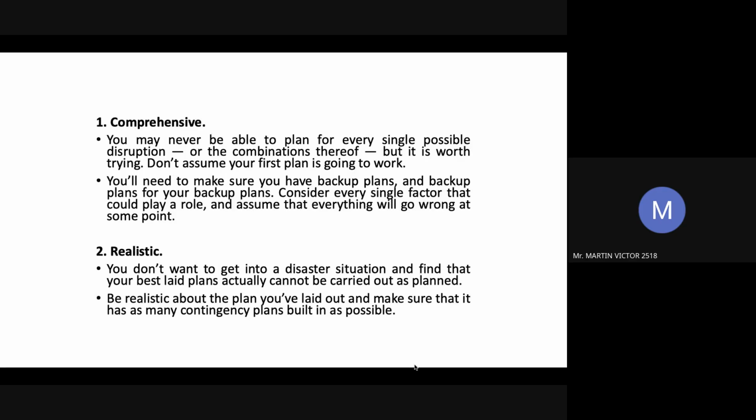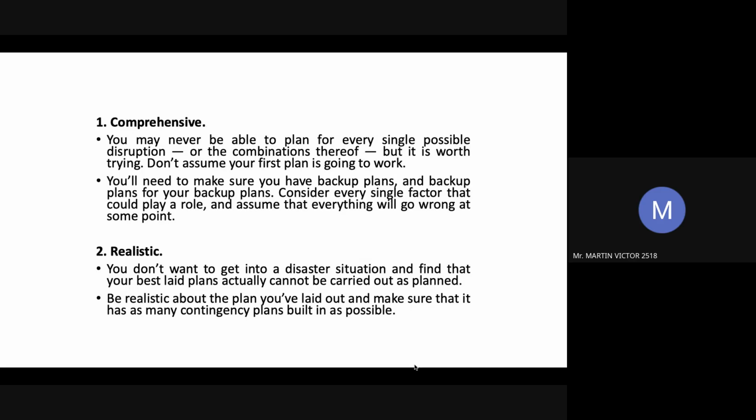With the capacity of our human brains, we will be thinking about regular disruptions, or some climatic disruptions like a heavy flood or earthquakes.